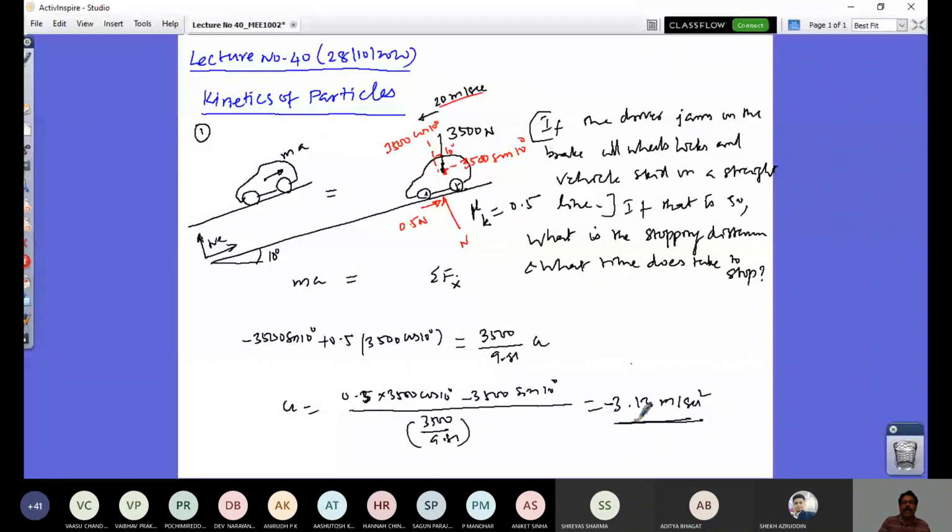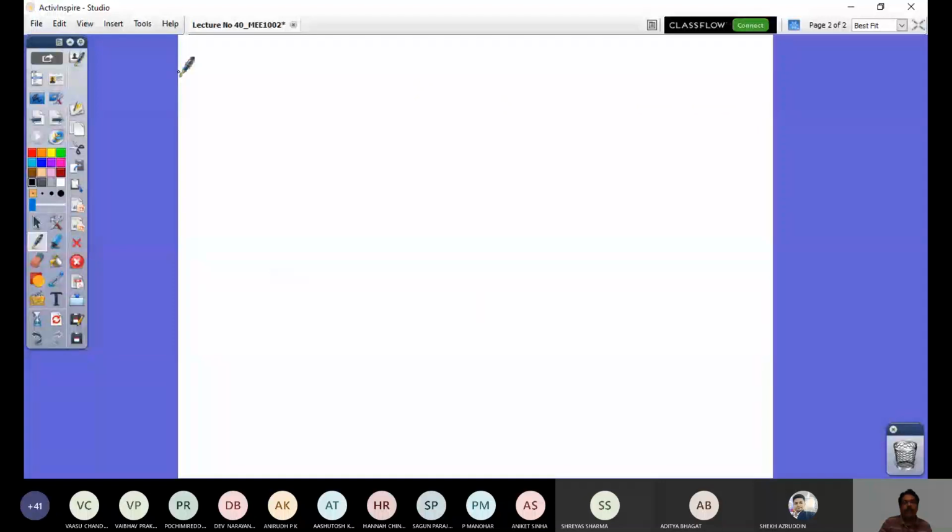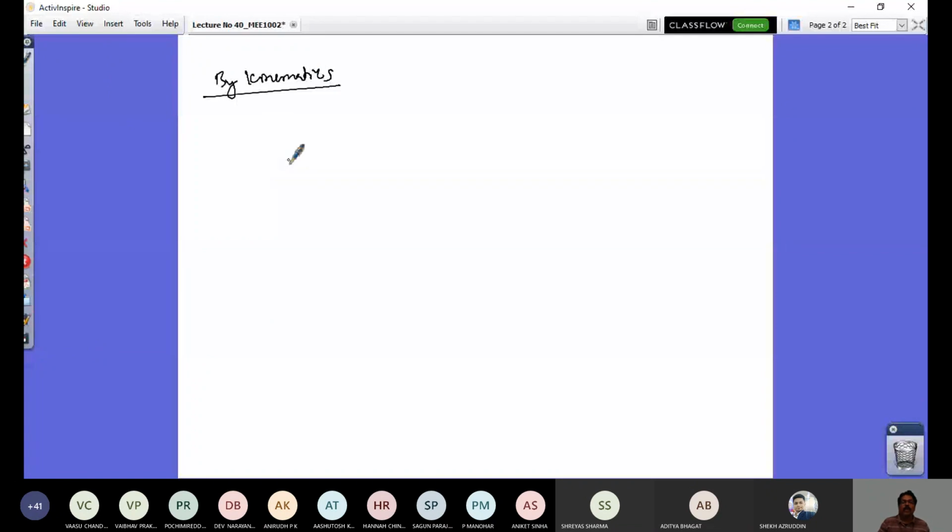So now by kinematics, I can find out the stopping distance, because you could relate that with this secondary motion equation: V squared is equal to V naught squared plus 2a (x minus x naught), right, in this formula. So here V naught is your 20 meters per second.